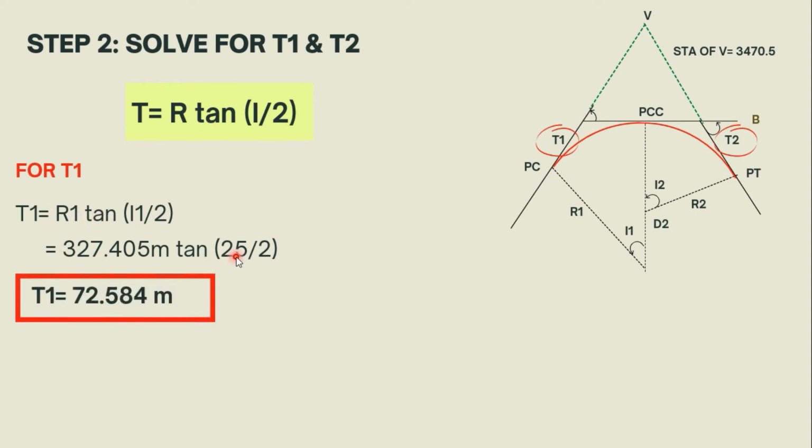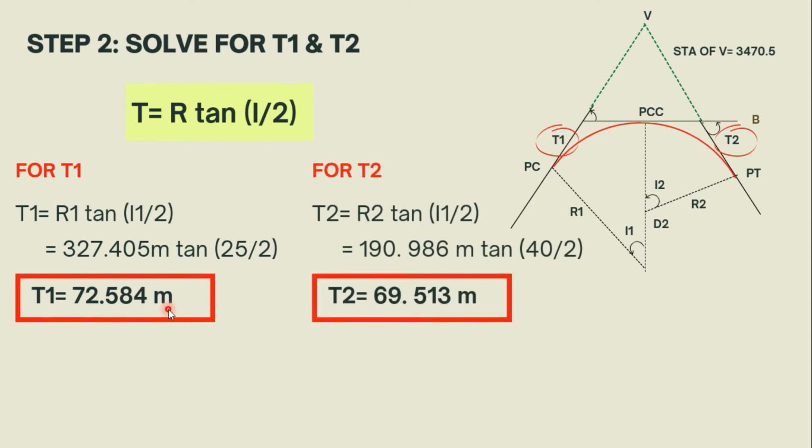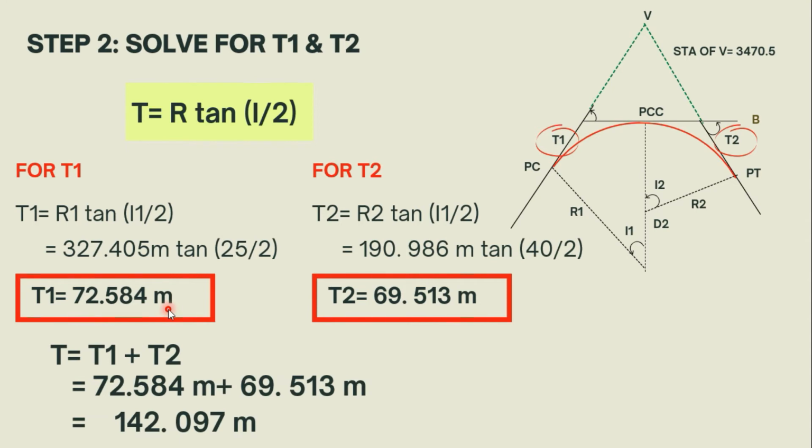Do the simple math and you get T1 of 72.584 meters, and T2 is 69.513 meters.